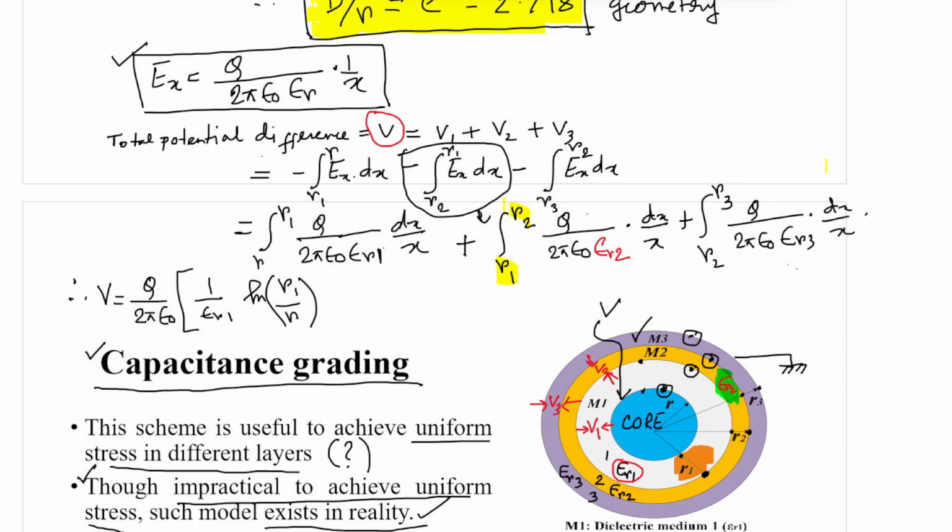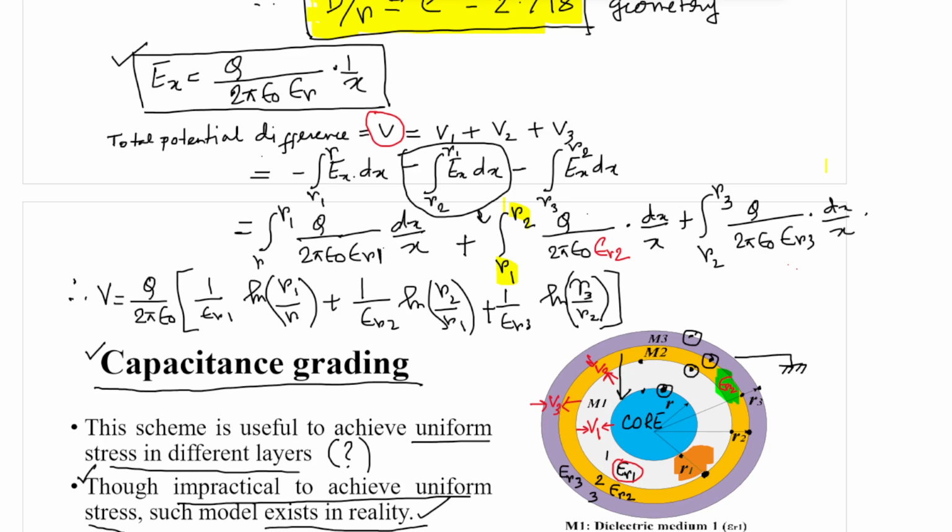From the second expression it should be 1 by epsilon r2 ln r2 by r1. And lastly, from the third expression it should be 1 by epsilon r3 ln r3 by r2. So we have this expression.